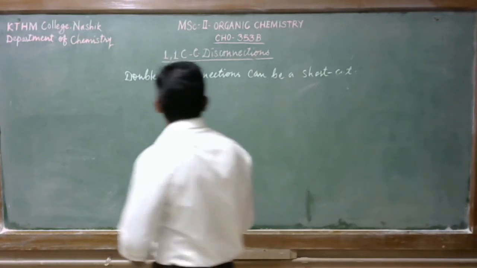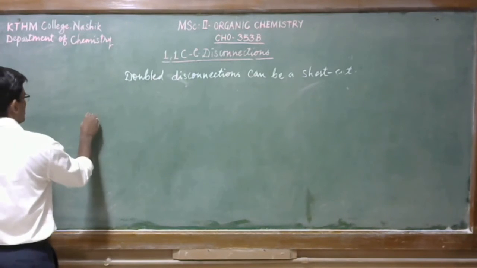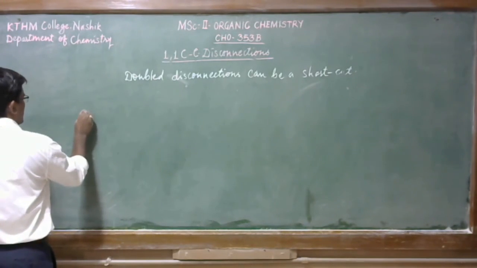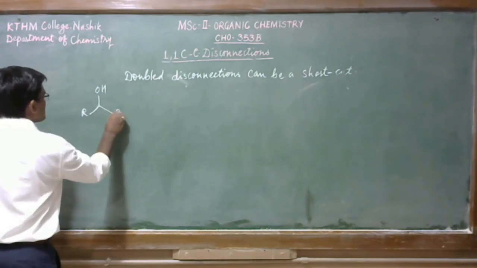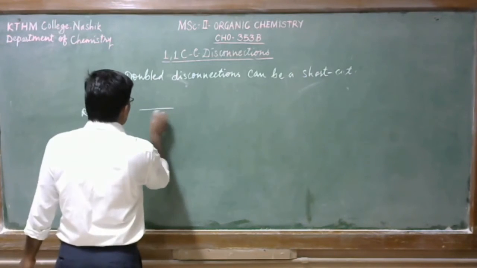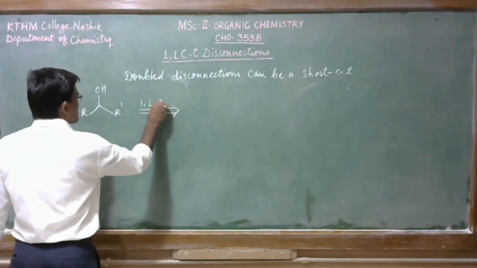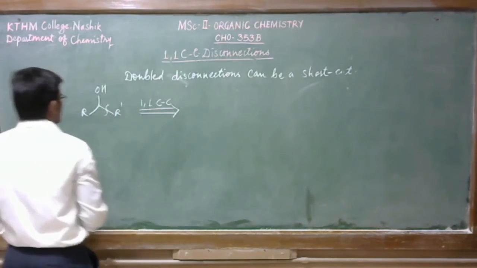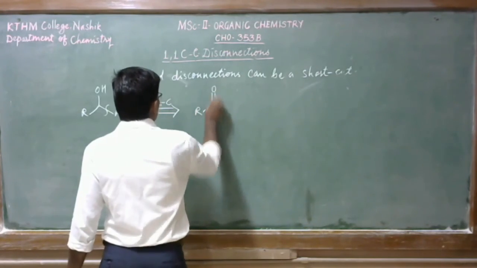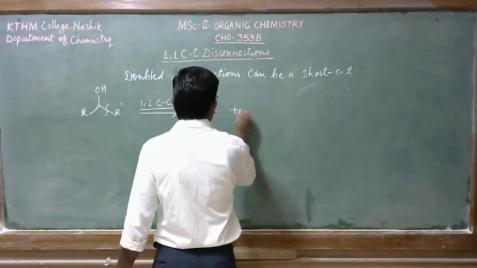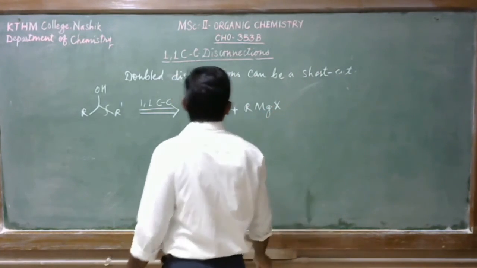So we will see this 1,1 disconnection. Suppose we have this secondary alcohol. When you have a 1,1 carbon-carbon disconnection, we could get this aldehyde plus R magnesium halide, Grignard reagent.